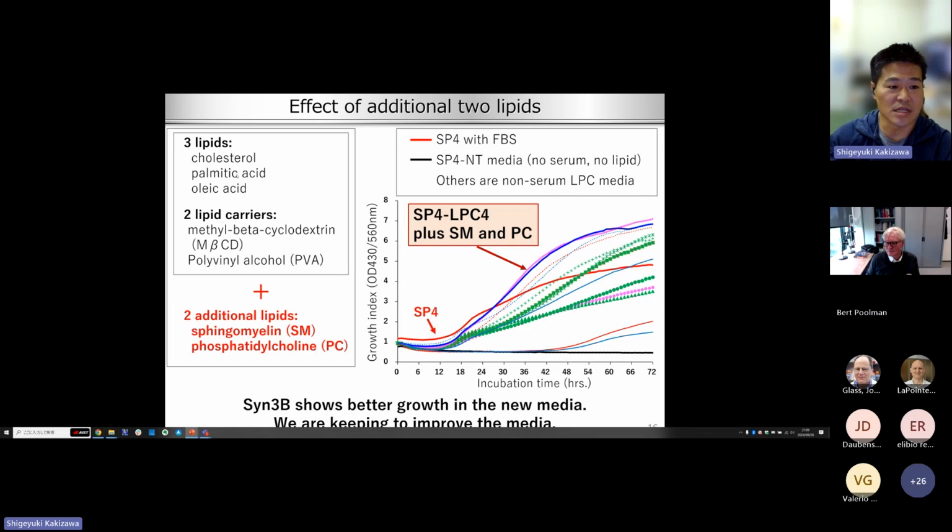Firstly, we chose 3 lipids plus lipid carriers, but additionally, we added sphingomyelin and phosphatidylcholine. After adding these 2 additional lipids, Syn3B shows really good growth, almost better than SP4. So Syn3B showed better growth in the new media, and we are continuing to improve the media now.